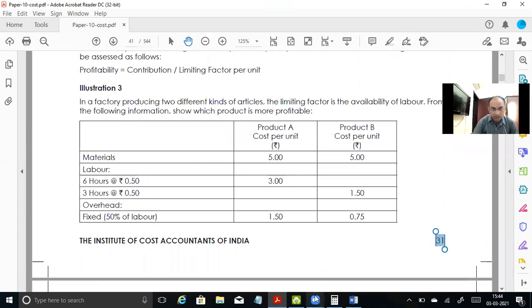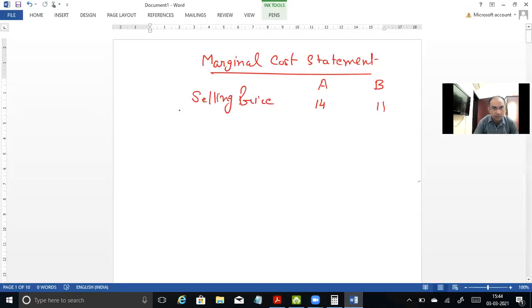Now we have to minus the variable cost. So less variable cost. So what are the elements of variable cost given to us? First of all, material is given. Material is 5 for both products. After that, labor is given.